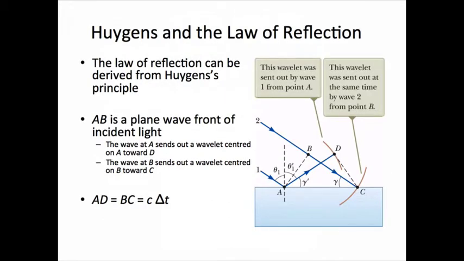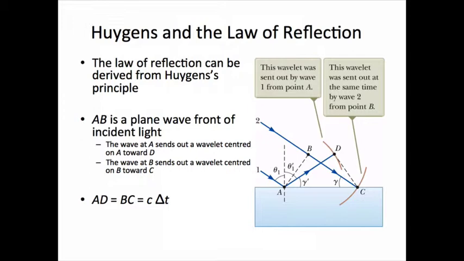You can derive the law of reflection from Huygens' principle, which we remember tells you how to go from one wavefront to construct the next. In this case, we've got two rays, 1 and 2, coming in to meet a surface at A and C. Now, the line AB is a wavefront, and to construct the next wavefront, we make the rays move an equal distance in the next interval of time.